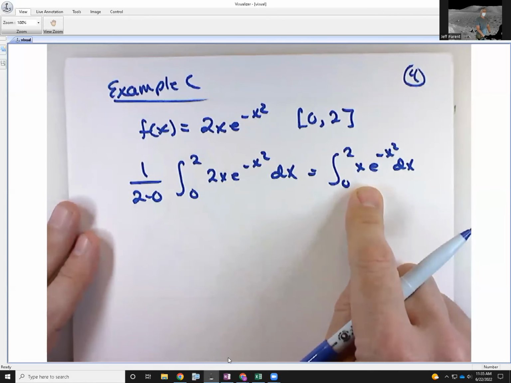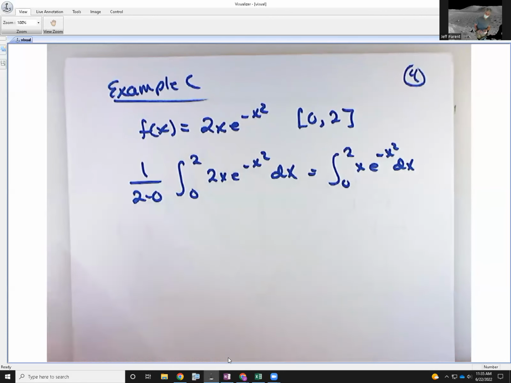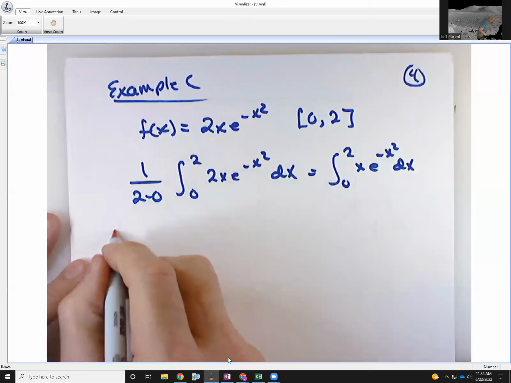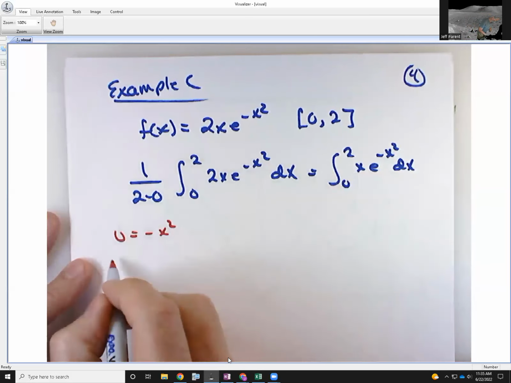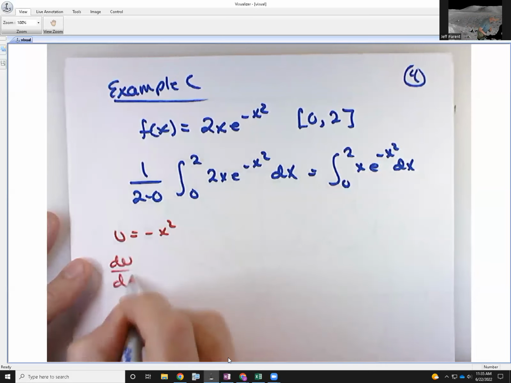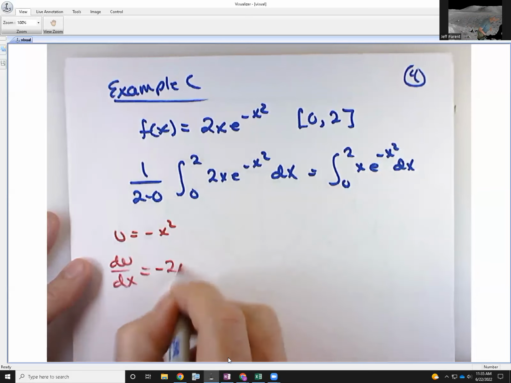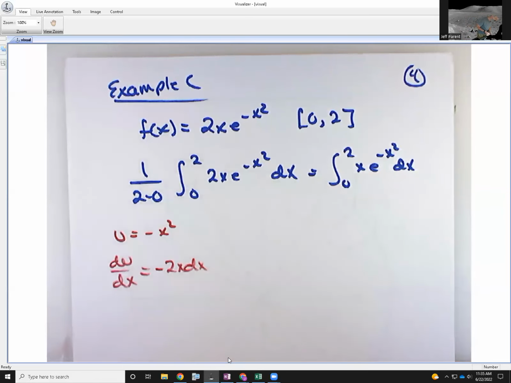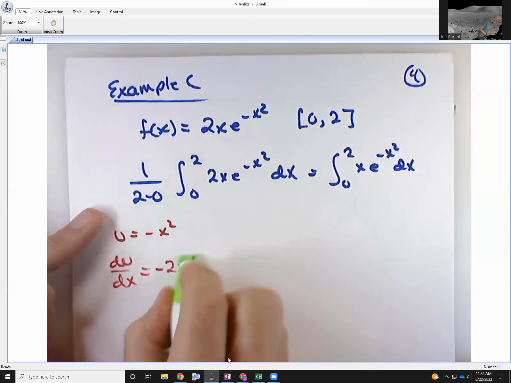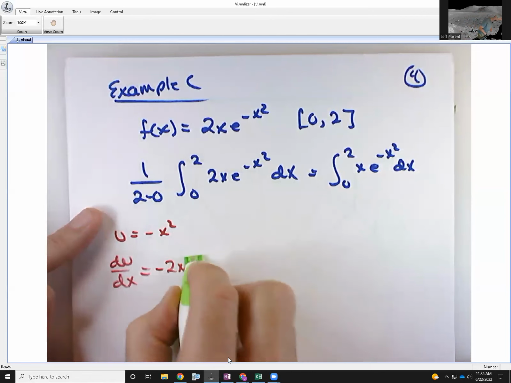What would that be? Any suggestions? U-substitution. Yeah, u-substitution. So Nicole, what would I let u equal? Negative x squared. Perfect. Let's let u equal negative x squared. du by dx is going to be negative 2x. And the next step, we'll get that dx over there.